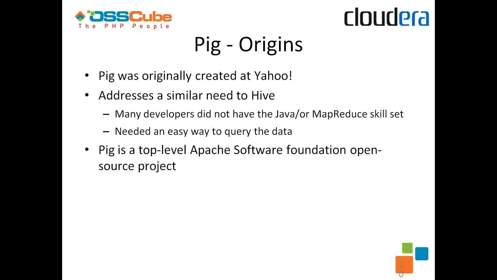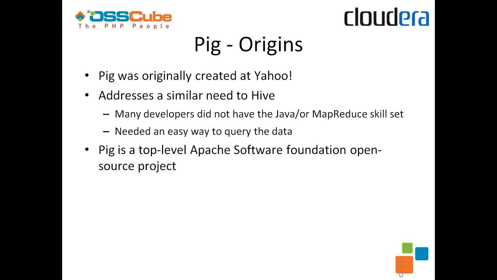Again, they had lots of developers who did not know Java but wanted access to this data. So they tried to address a similar need that Hive tried to address.